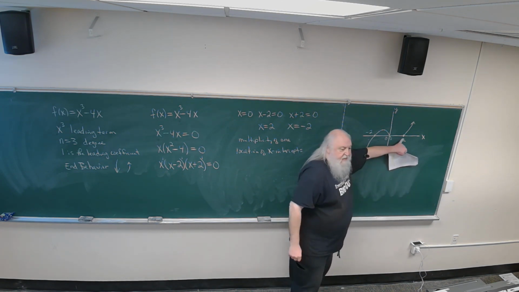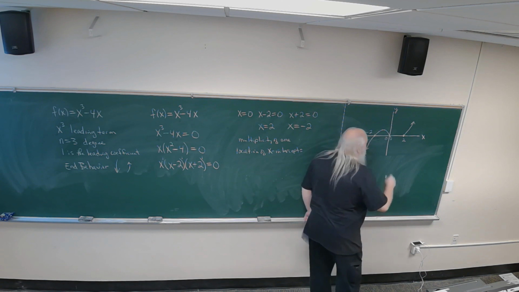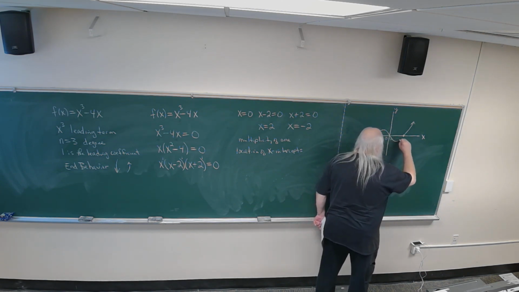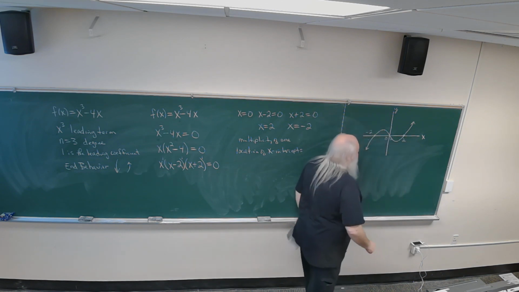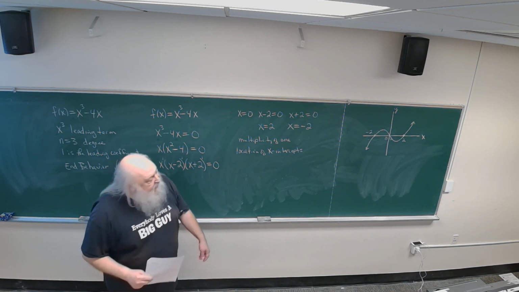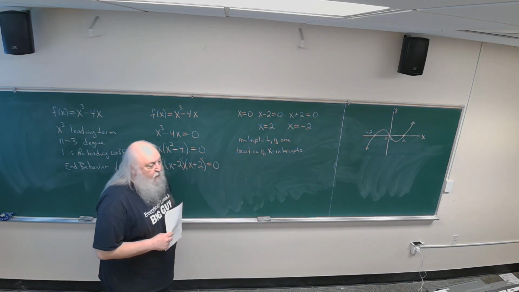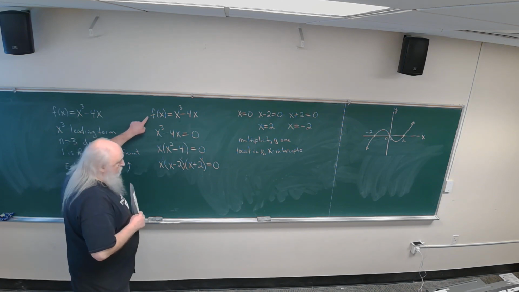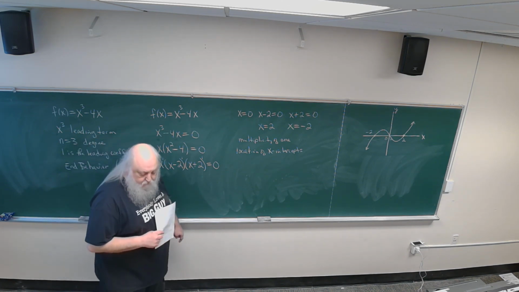And it crosses again at x equals 2. So using deductive reasoning, the graph has to come down, form a turning point, come up, and cross at x equals 2. And that is our approximation to the graph of this polynomial function.